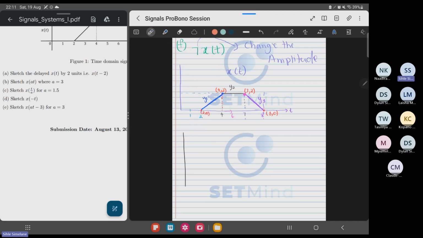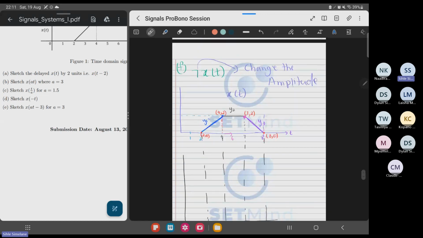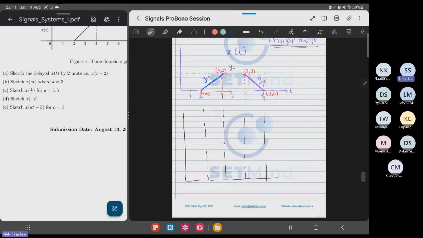So it's going to look like this. And then let me quickly take those values there, another one here, another one there. The time does not change because the focus is the amplitude. So I'm still going to have a 2 here, a 4 here, 7, and 8.